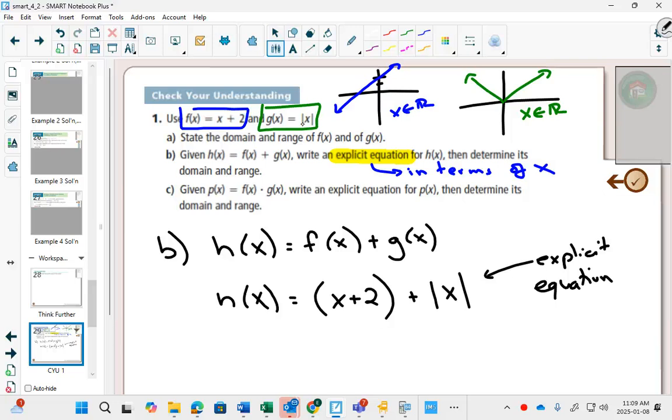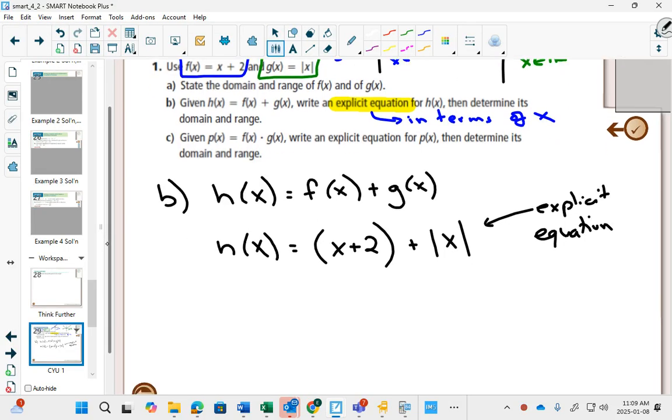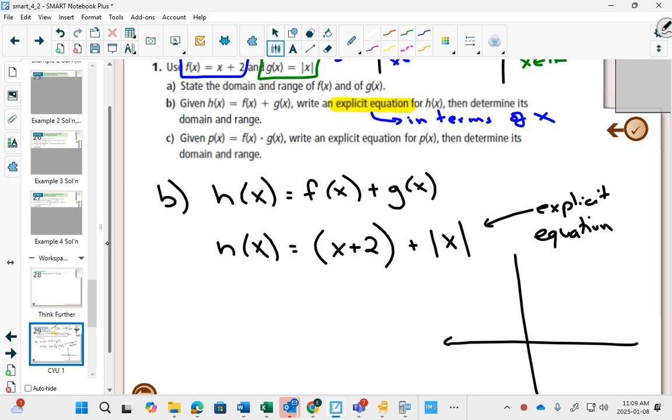So what I'm going to do is add the two graphs together, and we're going to see what happens. Adding the two graphs together is sort of like doing a table of values. We could just figure out what x is and find out what the resulting y value, or h of x, would be.